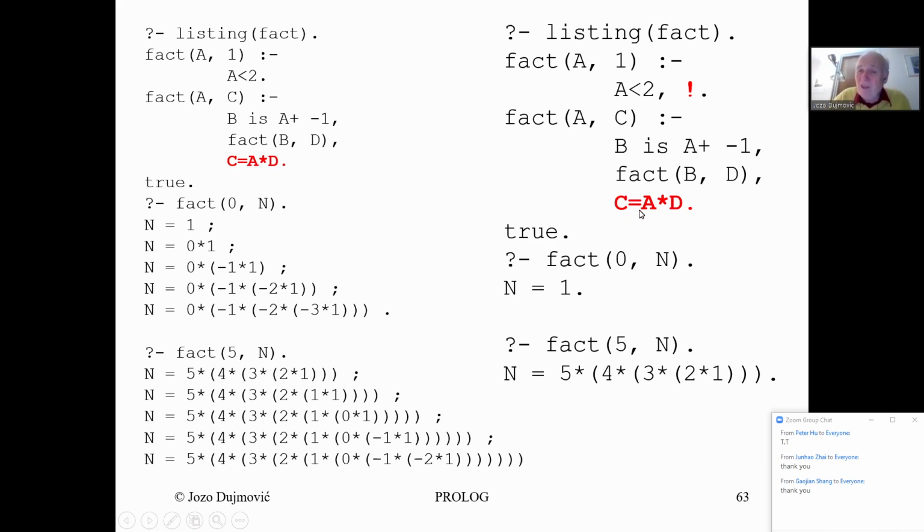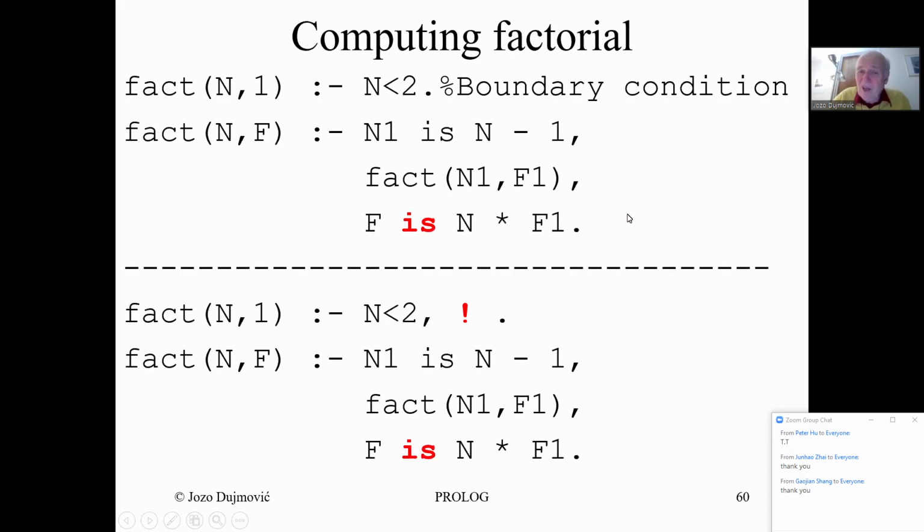You have to have assignment. So if you have assignment like this one here and this one here, on the right-hand side you have an operation that must be performed, an operation with numbers. It must generate a number, and this number has to be assigned to F. That's what is makes.